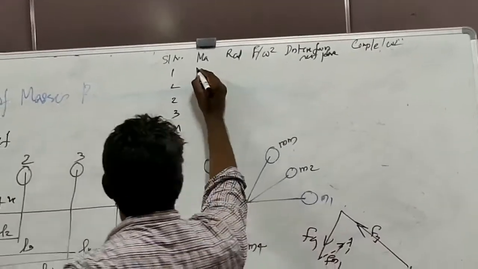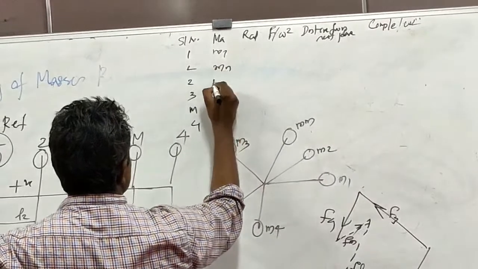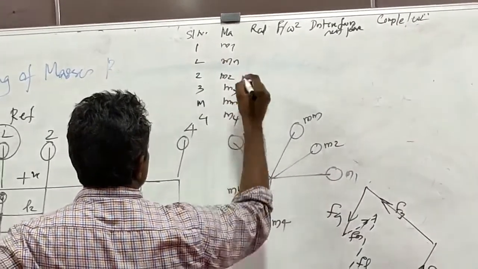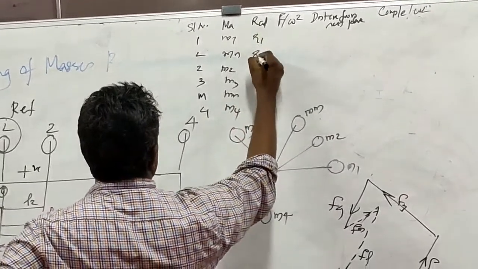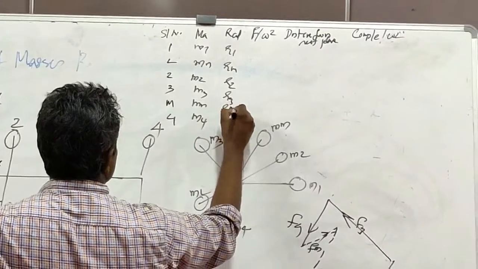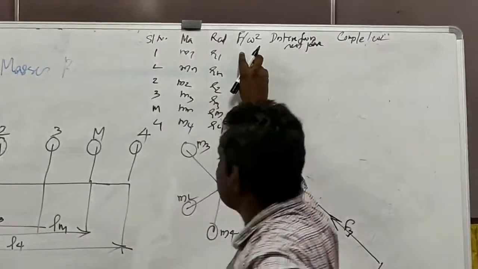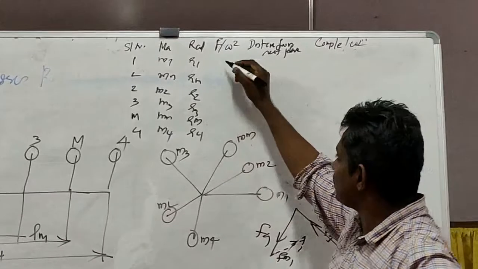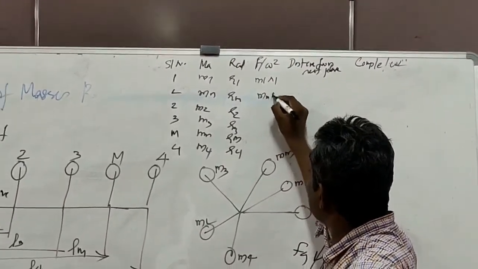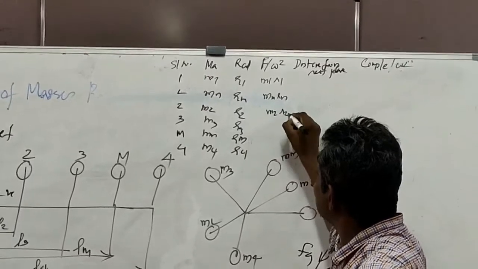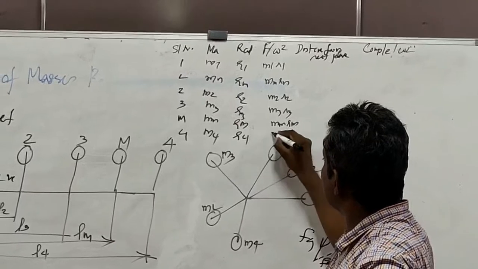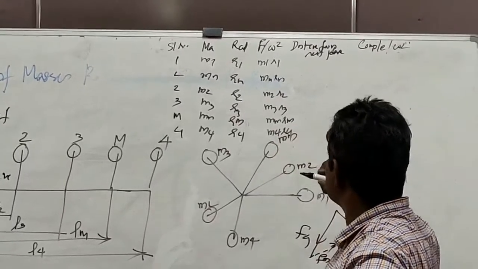The masses are M1, MM, M2, M3, MM and M4, and the radii are R1, RM, R2, R3, RM, R4. So centrifugal force by omega square is M1 R1, M Rm, M2 R2, M3 R3, MM Rm and M4 R4.